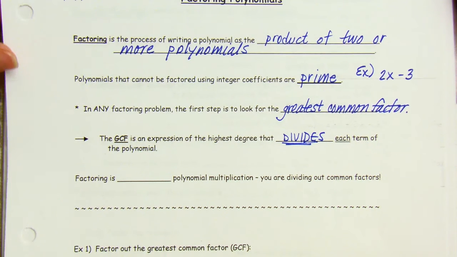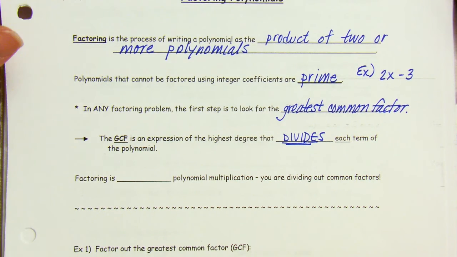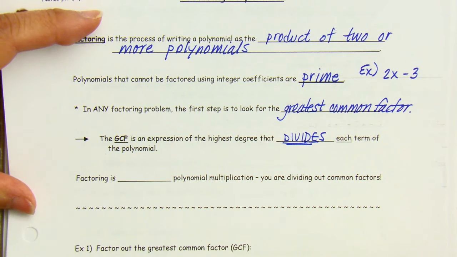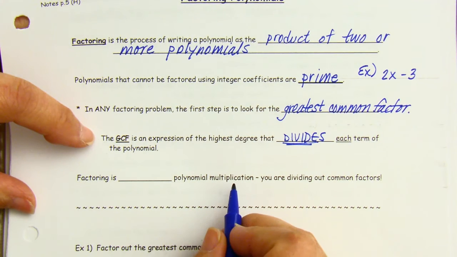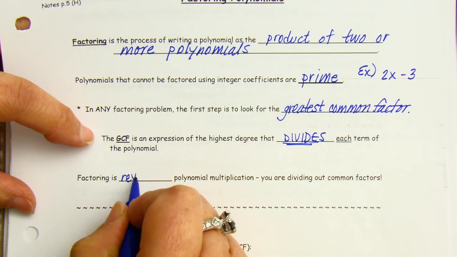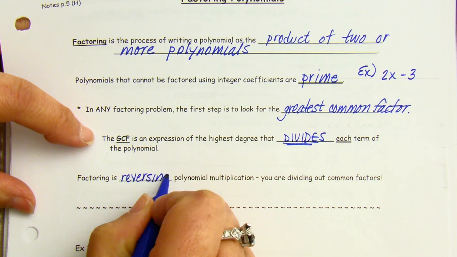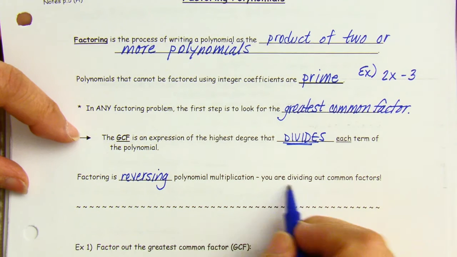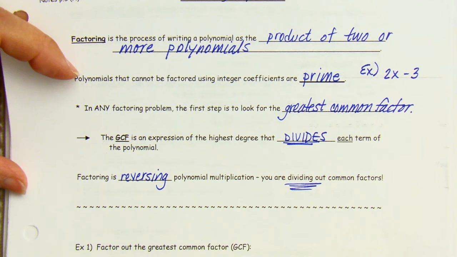If I say factor means, I want you to say divide, because factor does mean to divide. Factoring is reversing multiplication. When you're reversing multiplication, you are dividing. Factoring is reversing polynomial multiplication. You are dividing out common factors.